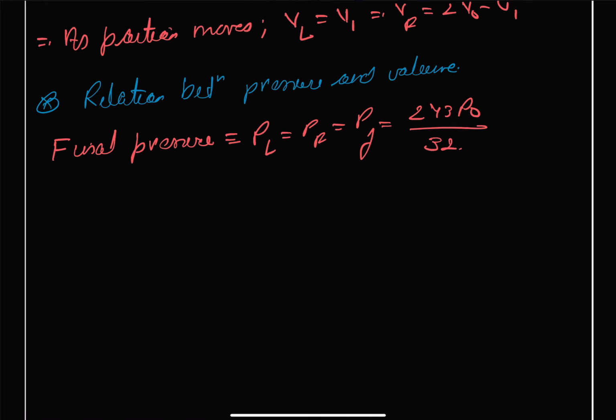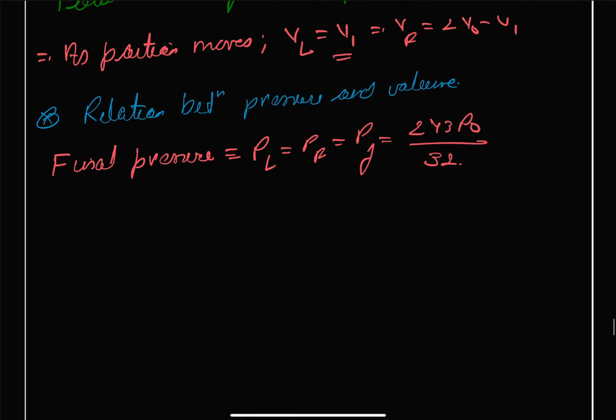And now let us find out the final volumes. Left chamber we have written as V1 or VL, and right chamber we have written as 2V0 minus V1. But before that, I think temperature is also required, because we need to find out the work done.